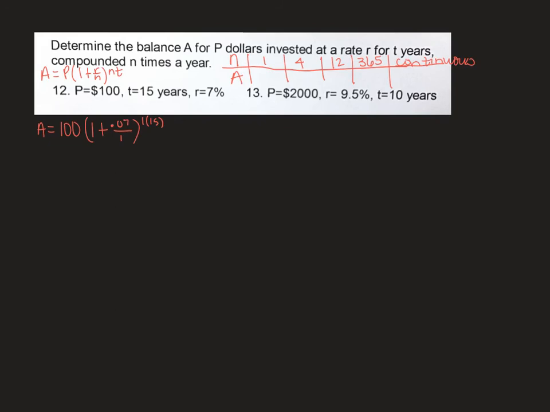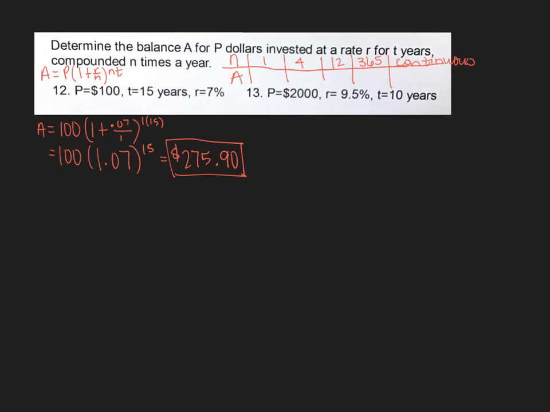So inside that parentheses, we've got 1.07 to the 15th, which is going to give us about 2.759. And we're going to multiply that by 100. So when it's all said and done, you would be at 275.90 if you never touched it and didn't add anything or take anything out after 15 years.